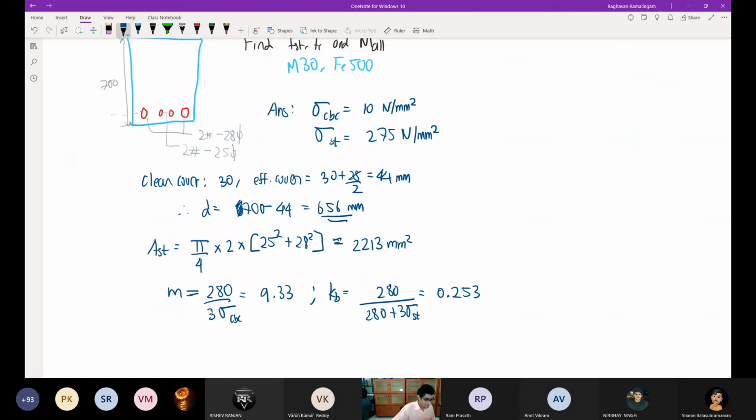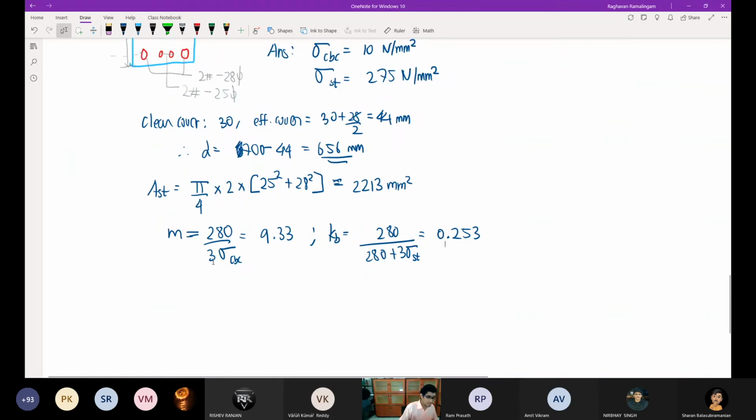Then finding out the actual position of the neutral axis, which is K. For finding out K, as I told you, you can use both cases. You can either use this and find out what is X, or you can use the formula, which is root of 2 rho m plus rho m square, minus rho m.